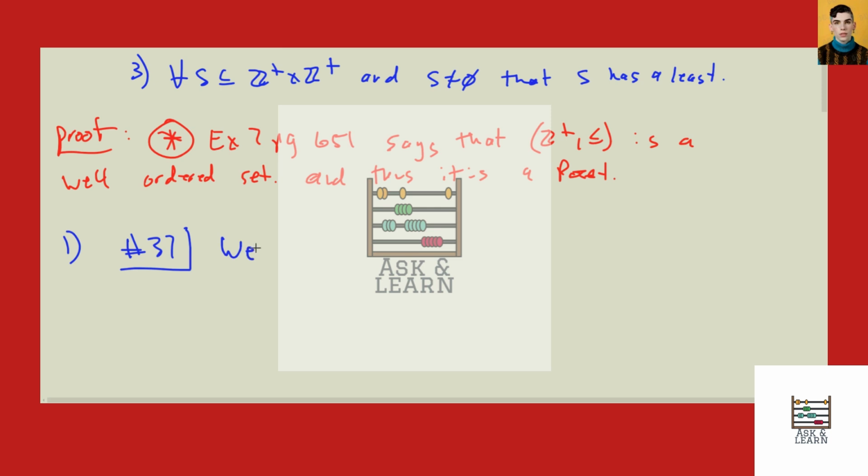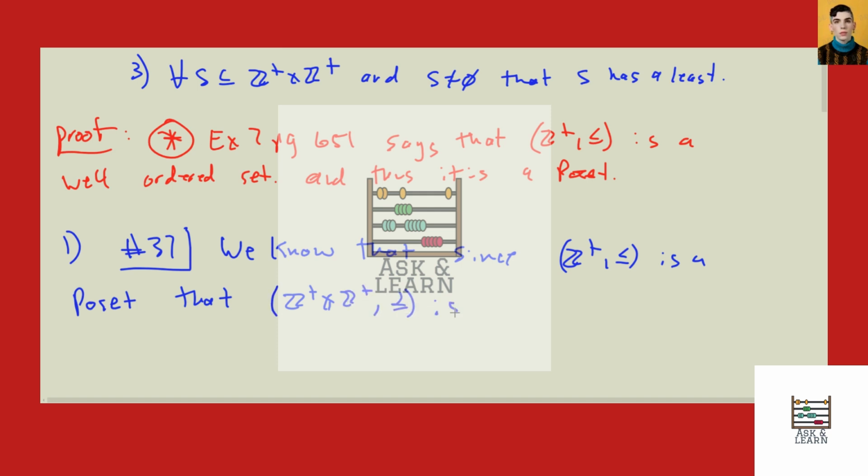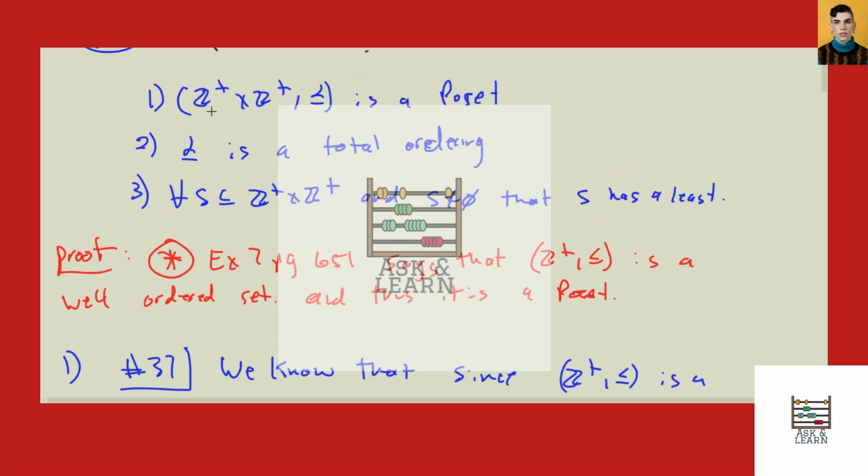So we know that since Z plus is a poset, that Z plus cross Z plus with the lexicographic ordering is a poset too. So we're done with that first one.